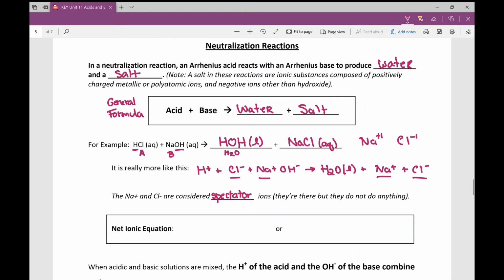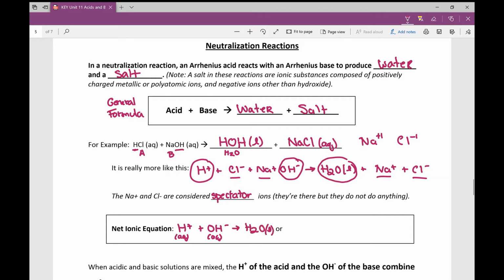That leads us to our net ionic equation. If we take out all the spectator ions, we end up with H plus from the acid and hydroxide from the base to make water. You could see this as H plus and OH minus, both aqueous, yielding water as a liquid.